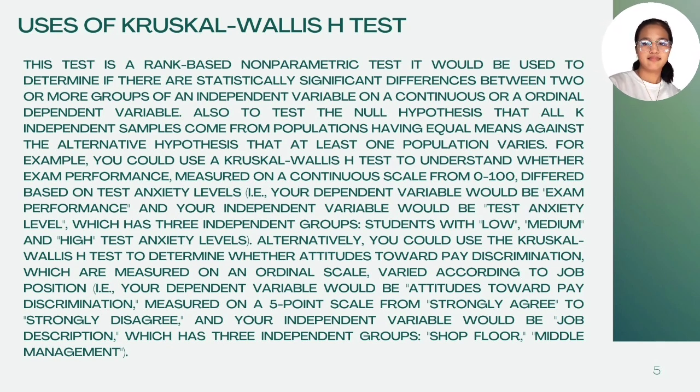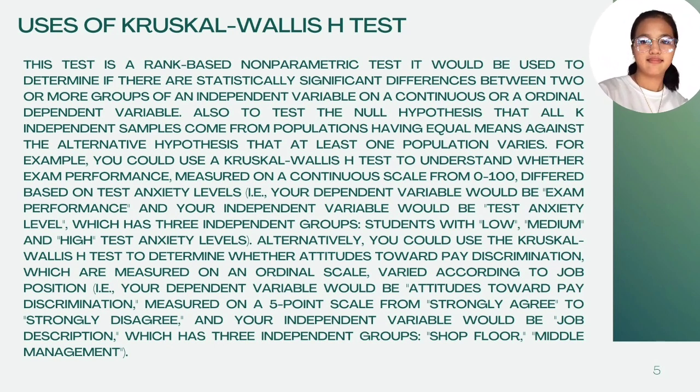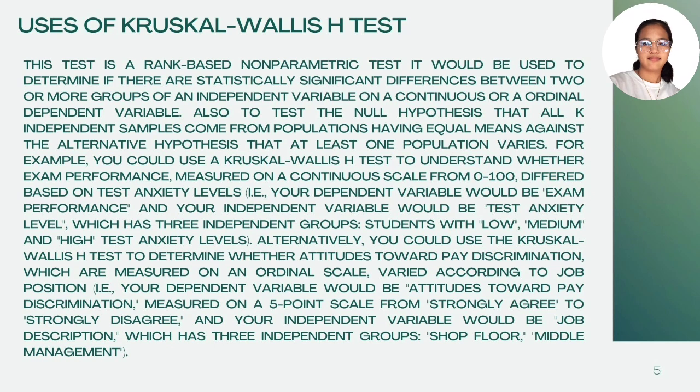For example, you could use a Kruskal-Wallis H-test to understand whether exam performance, measured on a continuous scale from 0 to 100, differed based on test anxiety levels. Your dependent variable will be exam performance and your independent variable will be test anxiety level, which has three independent groups: students with low, medium, and high test anxiety levels.